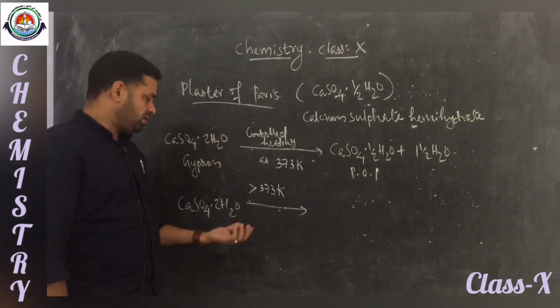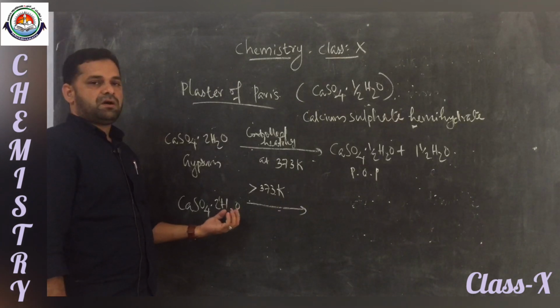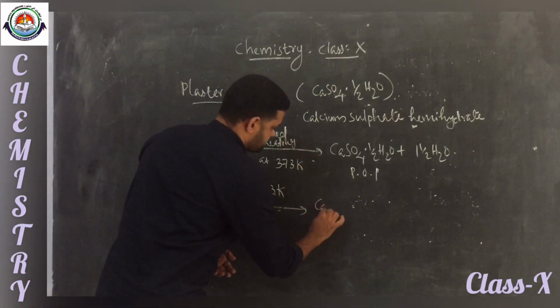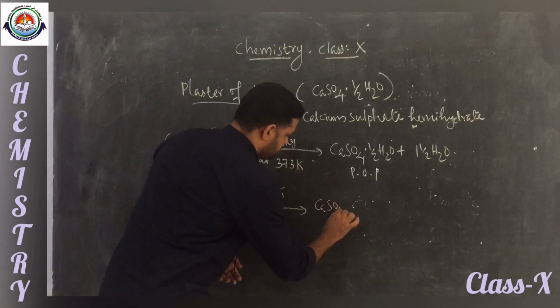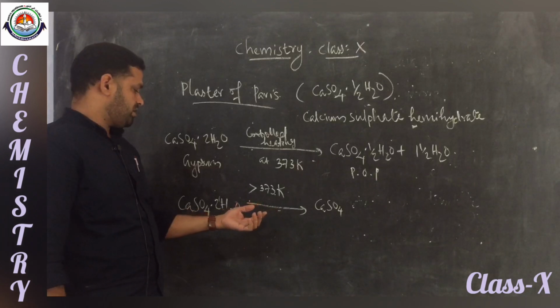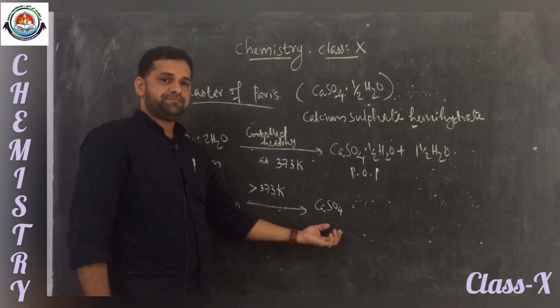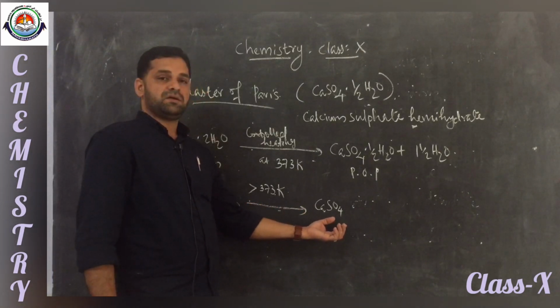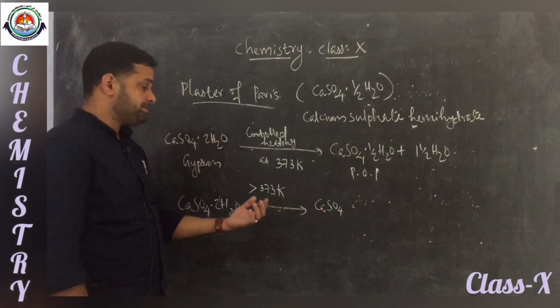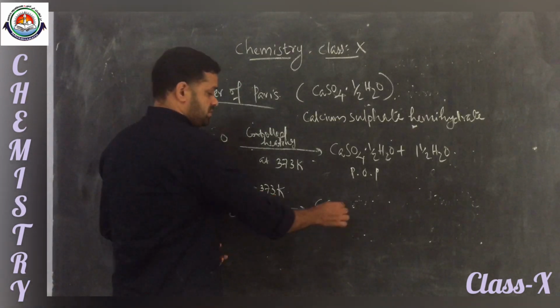All the water molecules of gypsum are lost, and then it forms a dry burned solid mass. We get a dry burned solid mass.